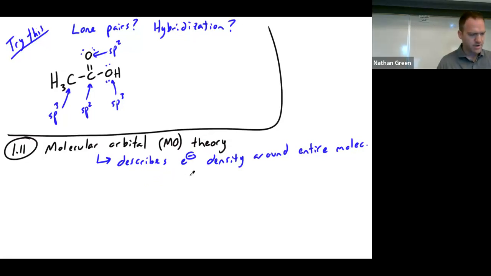So we have been talking about hybridization, right? A carbon is sp3 hybridized. A carbon is sp2 hybridized. That's where the electrons are around an individual carbon. Molecular orbital theory says, well, that doesn't make much sense. When you start sharing electrons, the entire molecule becomes a thing.